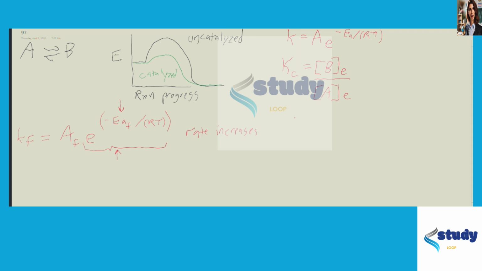If we draw this on a plot, we can look at the formation of B over time.